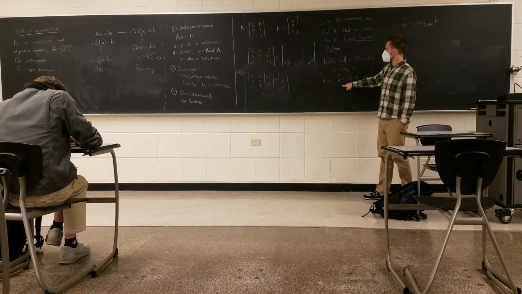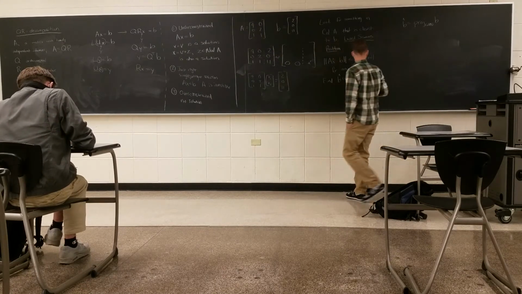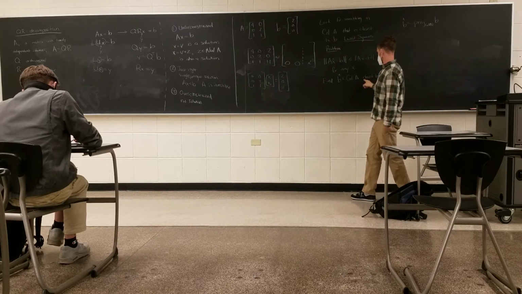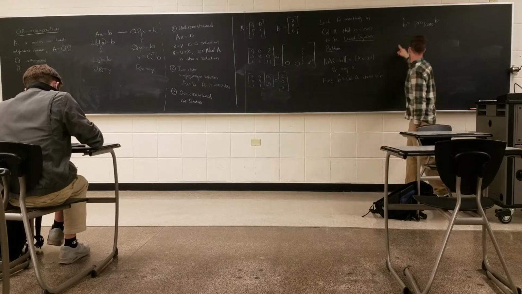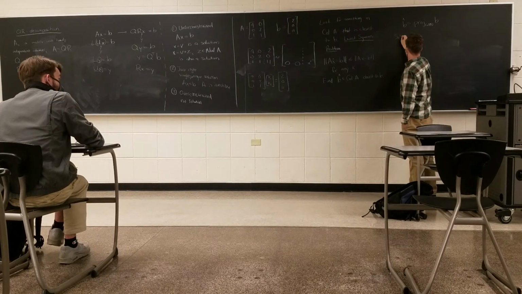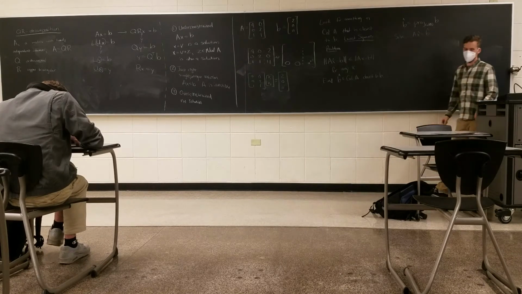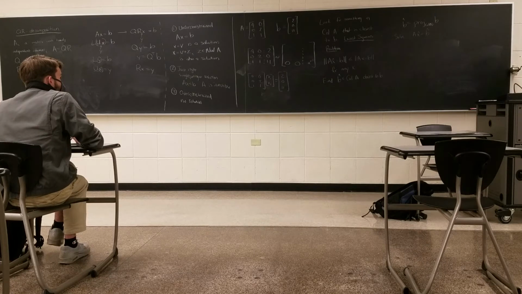So b hat will be something inside the column space. It will be something that we can solve this equation for. So find b hat in the column space of A closest to B. This is the orthogonal projection of B. And then solve A x hat equals b hat. That's going to be the way we do this.